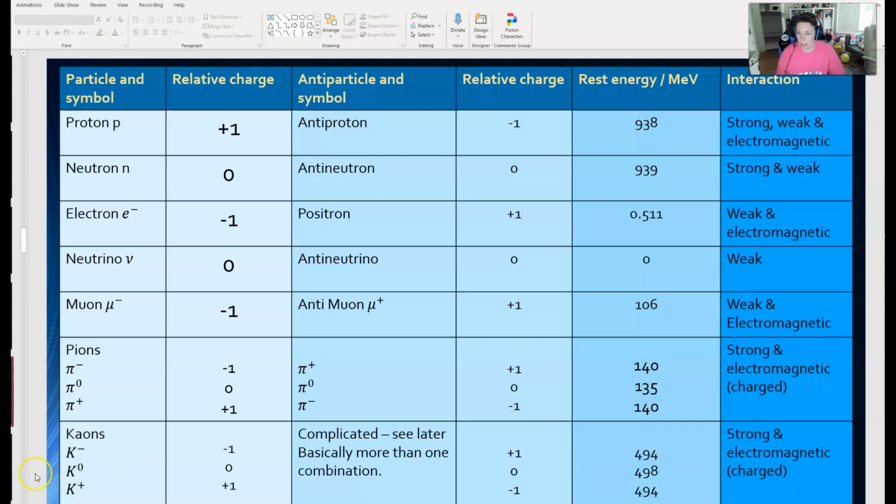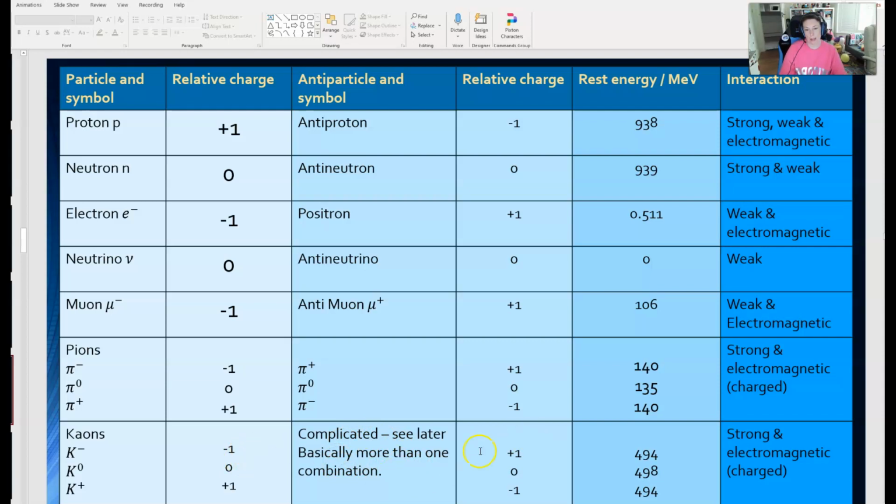And then last but not least, you have the kaons. Kaons are complicated. We'll talk about them a bit later. Their symbol is a capital K. Kaon minus, kaon 0, and kaon plus. Their charges are -1, 0, and +1. Now they do have antiparticles, but it is complicated, so they have more than one combination of antiparticles, so we'll just leave that for now.